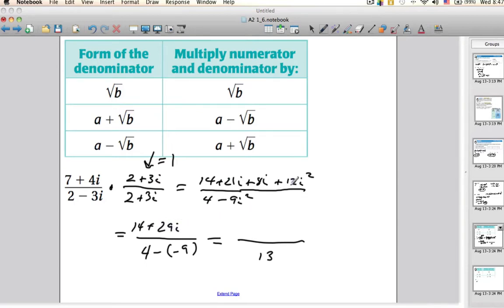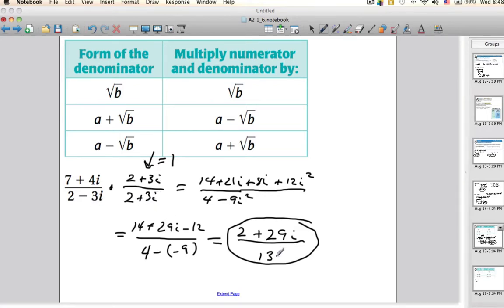And then plus 12 times -1, right? i squared is -1, so that's minus 12. 14 minus 12 is 2 plus 29i over 13.